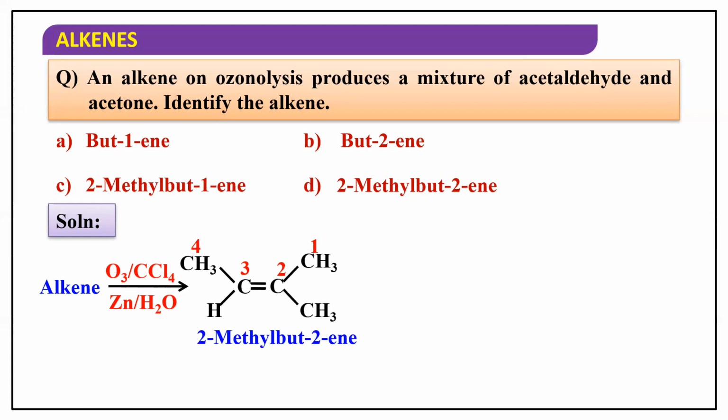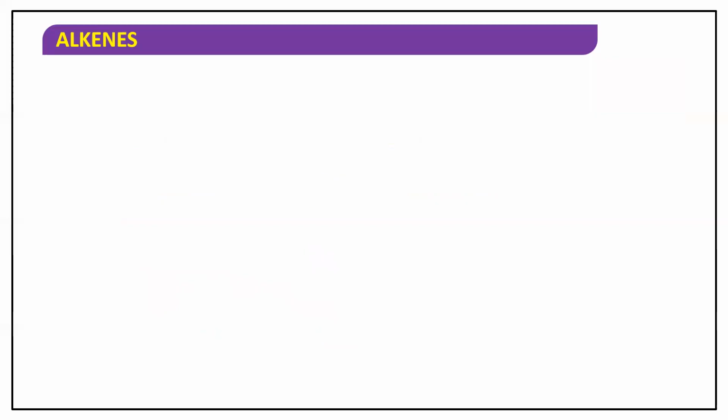So it's a very simple way of identifying the alkene. That's the shortcut. Write the structures of the final products mentioned in the question, remove the oxygens, bring the carbons together and form a double bond. That is your starting alkene. Easy, isn't it? So 2-methyl butene is your answer.